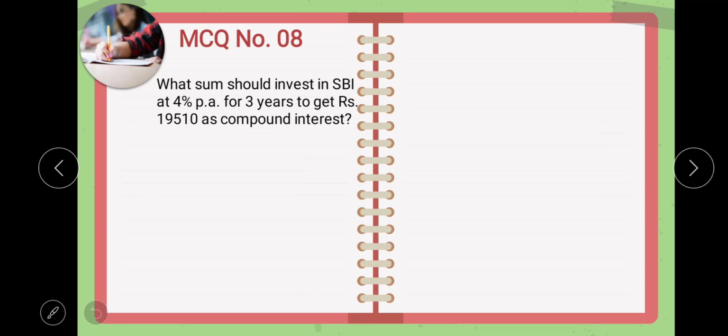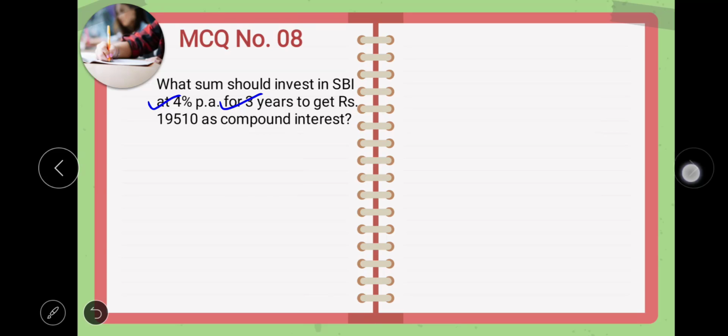So here a person wants to invest some money in State Bank of India at the rate of 4% per annum for 3 years, and he wants to get rupees 19,510, and this amount is deposited in the bank at 4% per annum compound interest. So how much sum he has to invest in the bank?